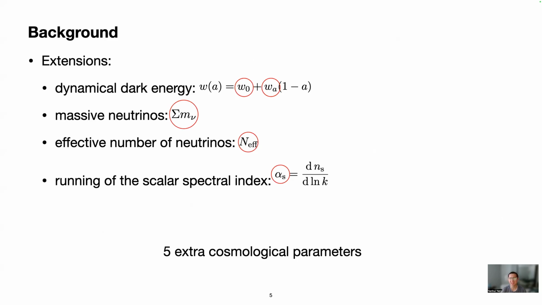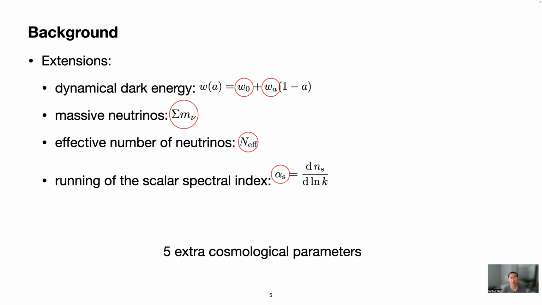So, facing these challenges, some extensions have been proposed, like dynamical dark energy that can be characterized by 2 parameters, w0 and wa. And the second is massive neutrinos.